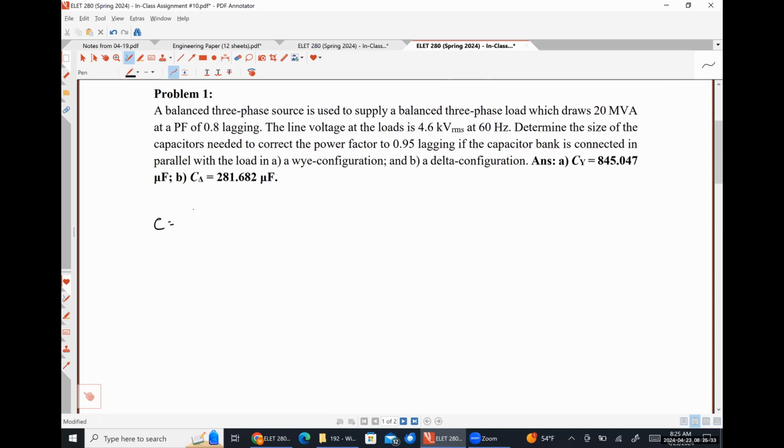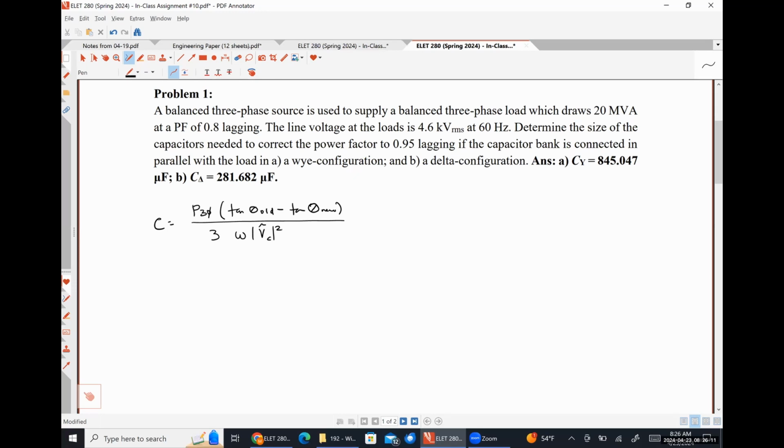So this is going to be P three-phase times tangent theta old minus tangent theta new, divided by 3 times omega times the voltage drop across our capacitor squared.